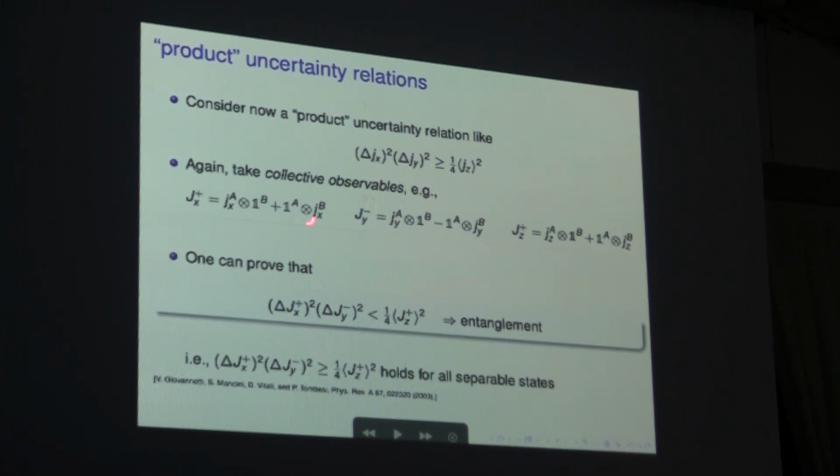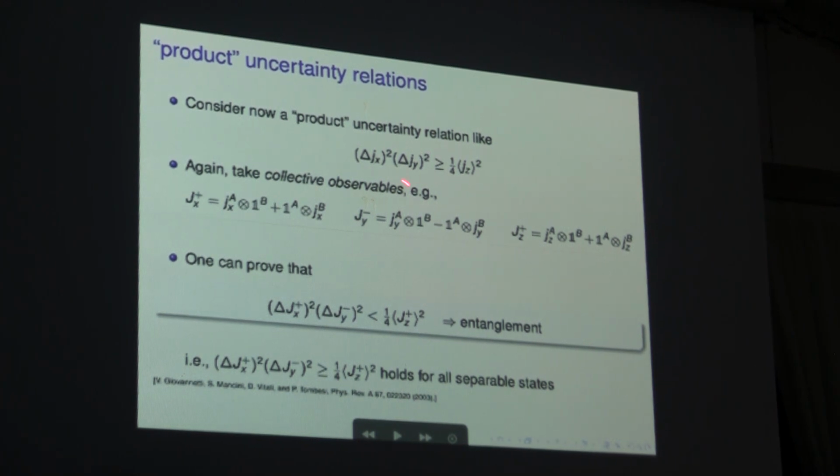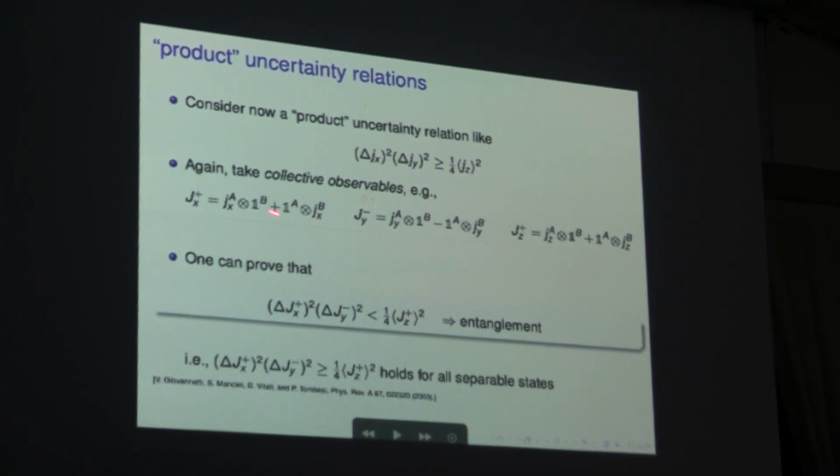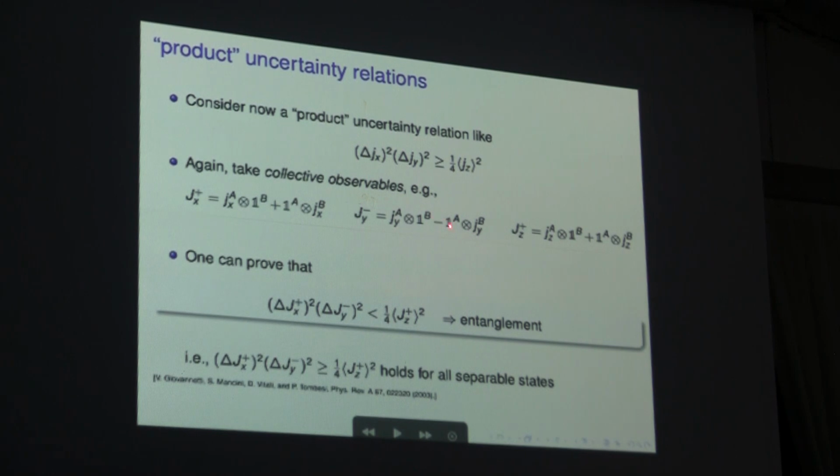A similar method, which is somewhat more powerful in practice, relies on this other form of the uncertainty relation, but the reasoning is somewhat similar. You take the collective observables; this is a definition, but you can play with it a little bit. Here I put a minus sign to get something non-trivial.